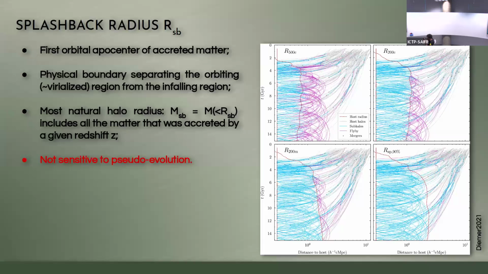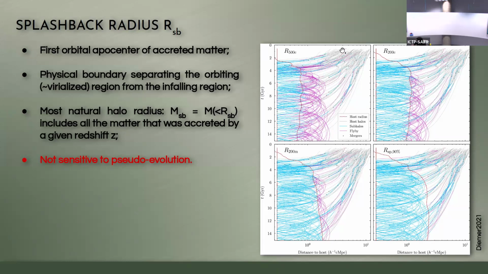So this splashback radius is the first orbital apocenter. This is again a simulation from 2021. And each line here represents a particle. As you can see, the y-axis is the time.